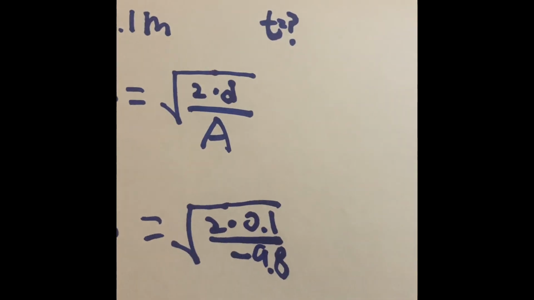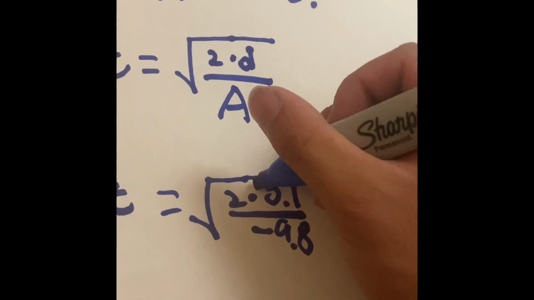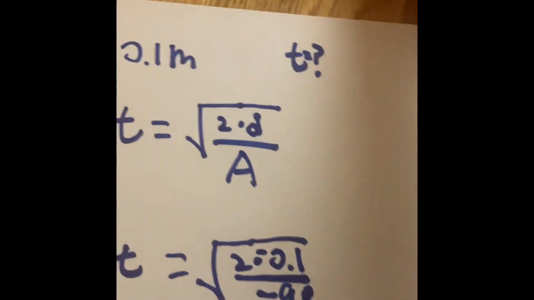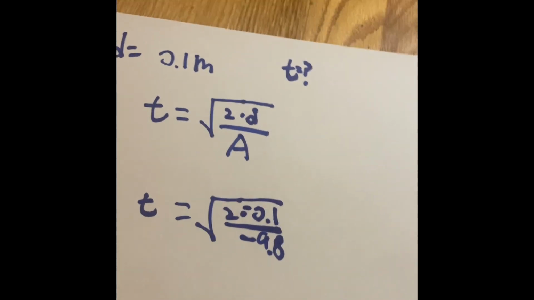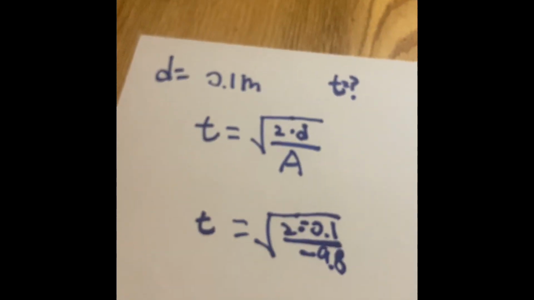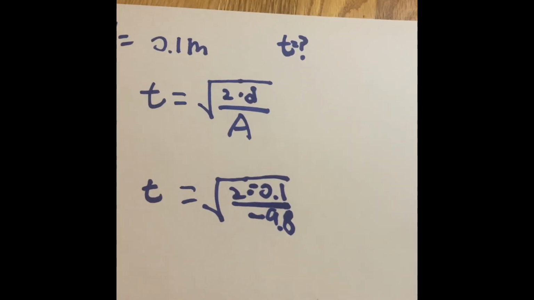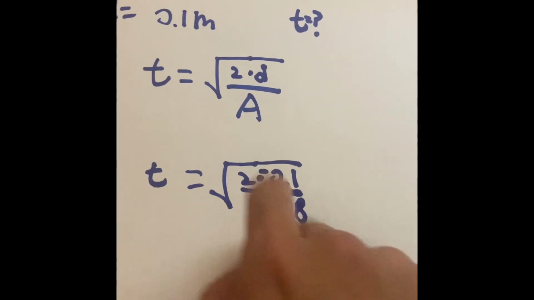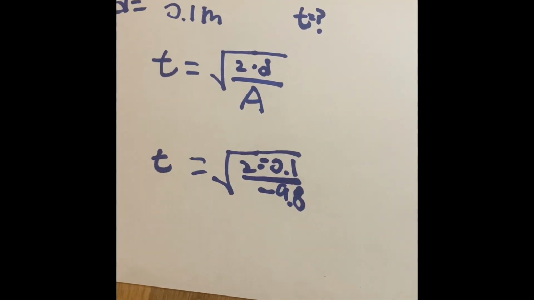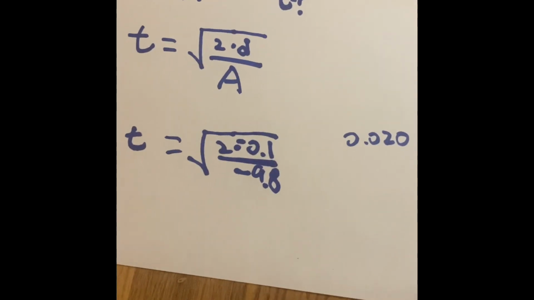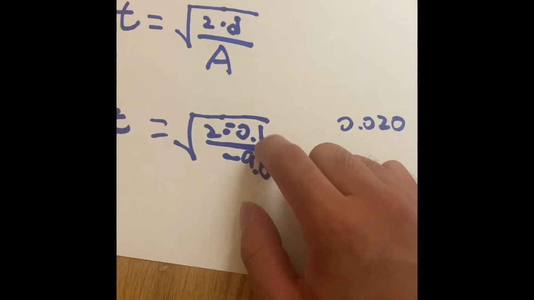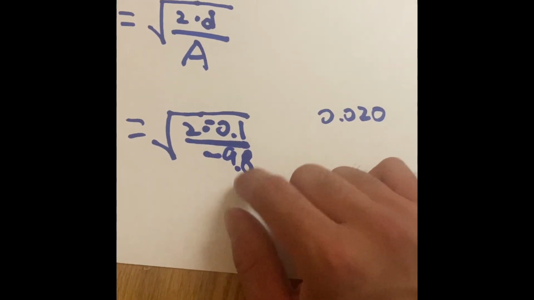But when you say 0.1 meters, you're going to turn it into a negative 0.1 meters because this ruler is going to fall and collapse. That's why you have a negative displacement, because the ruler is falling to the earth. When you do this times that, divide by that, and square root, you'll get your t. So when you use a calculator, you do 2 times negative 0.1, divided by negative 9.8.